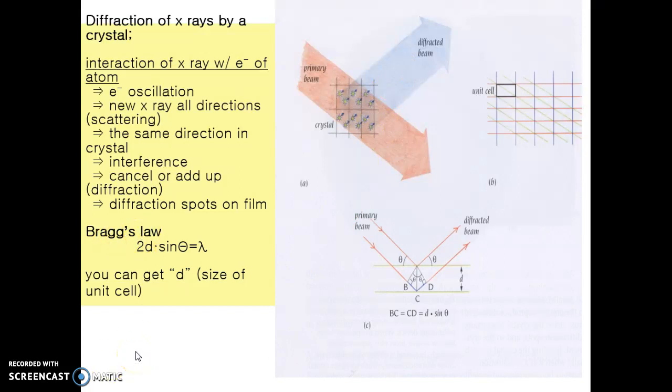Bragg's law tells that diffraction by a crystal can be regarded as a reflection of the primary beam by sets of parallel planes, rather like a set of mirrors, through the unit cells of the crystal.